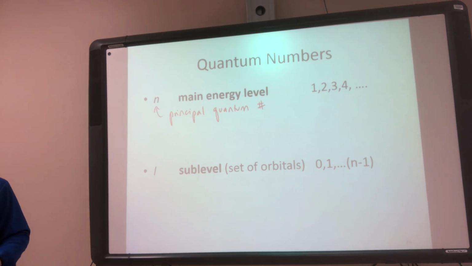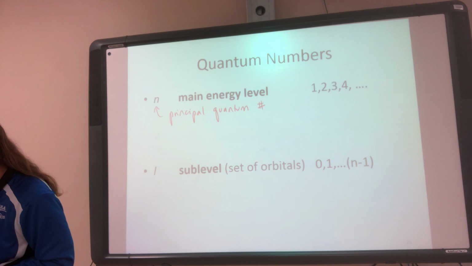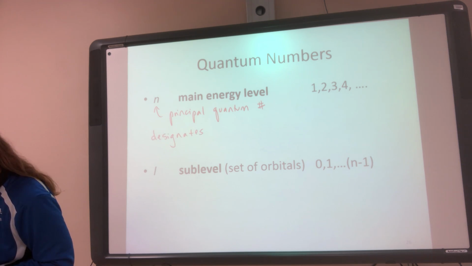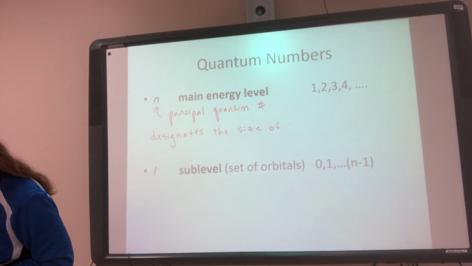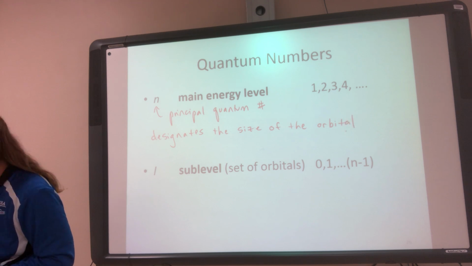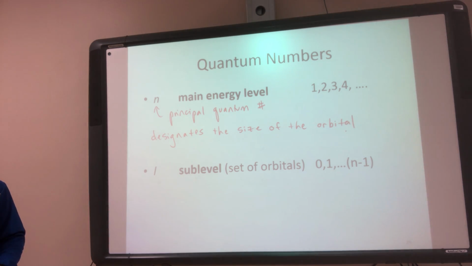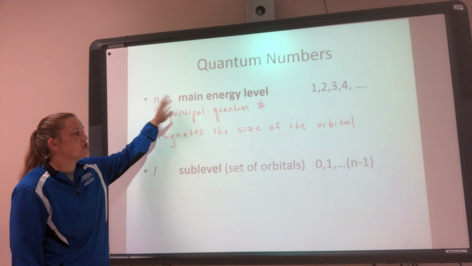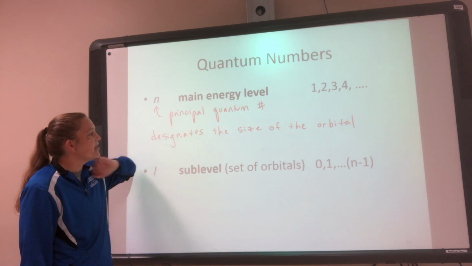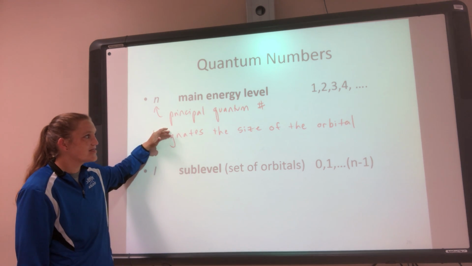The n designates the size of the orbital. It's also going to be my main energy level. So n is my main energy level, and it designates the size of the orbital.